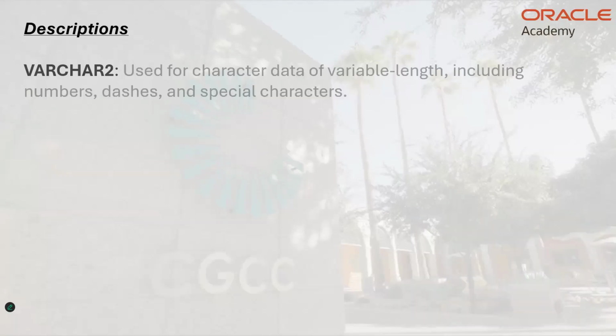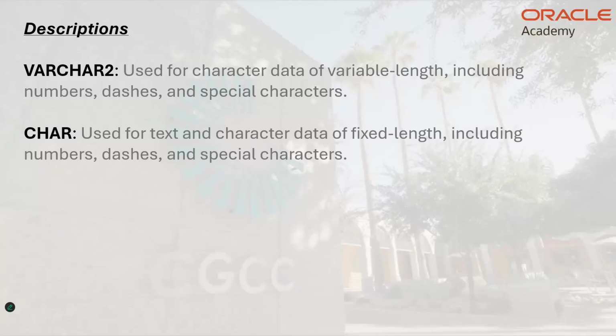All right, so let's go through a description. I stated a little bit of this, but I'll detail this. Varchar is used for character data, string data of variable length, including numbers, dashes. So varchar is alphanumeric, remember that, and including special characters. You can include that all in the varchar 2. Char is used for text and character, and it's fixed length.